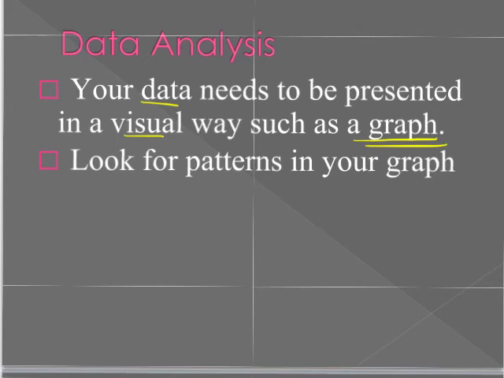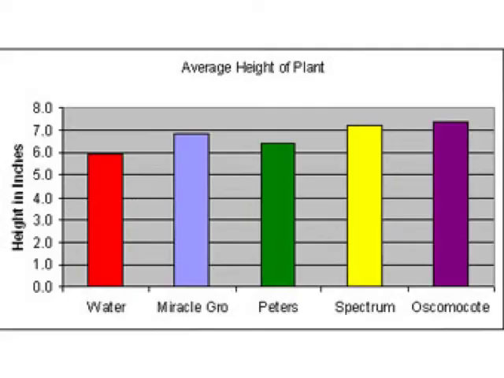Here is where your data needs to be presented in a visual way, such as a graph. It's important to look for patterns in your graph. This way you know where your experiment might have gone the way you thought it should go, or where it might have gone a way you didn't think it should go. This is just an example of somebody's data analysis with different types of fertilizers for an average height of plant.